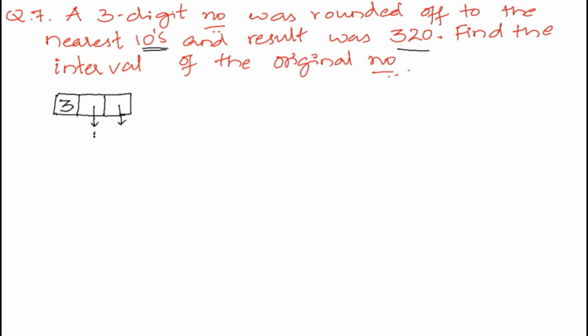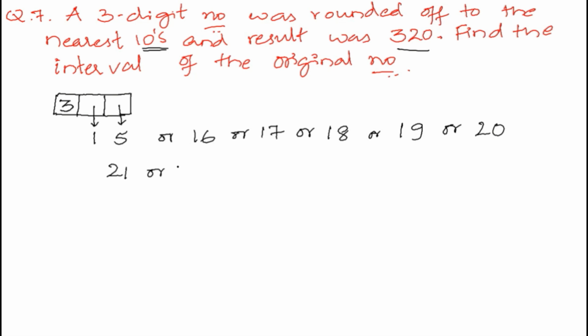If I consider 15, after rounding it becomes 320, isn't it? So it could be 15, or 16, or 17, or 18, or 19, or 20, or 21, or 22, or 23, or 24.